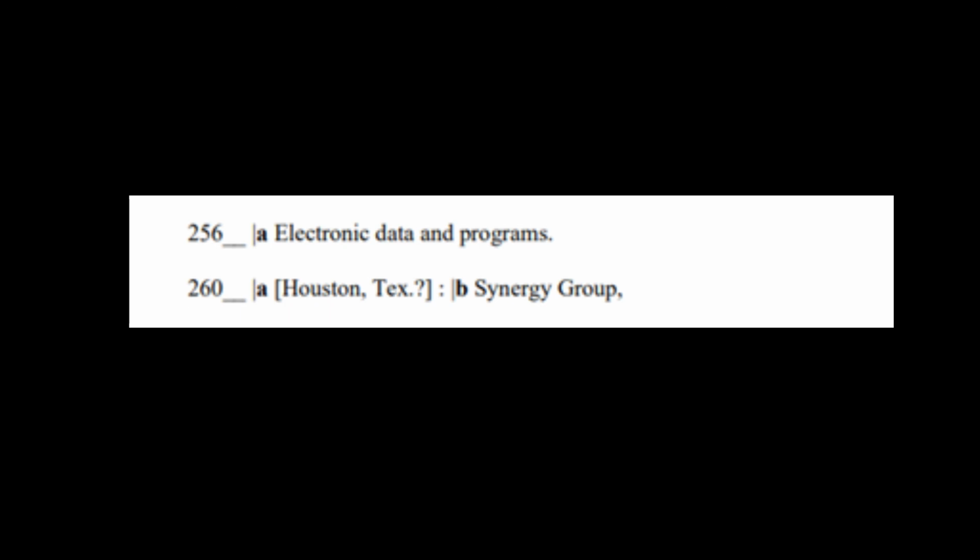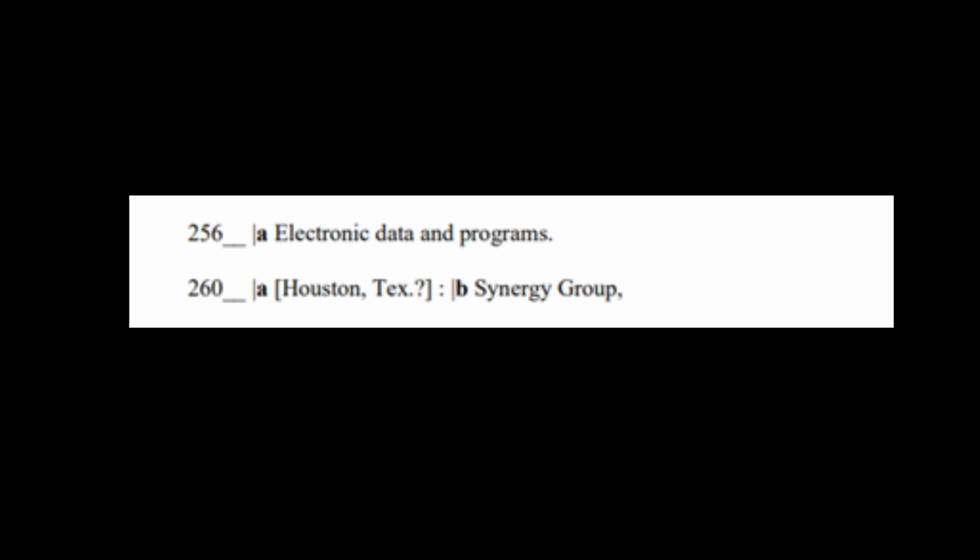So it's only Tex., full stop, then question mark. Why question mark? Because there is no clear indication in the item you are cataloging or processing that this material is being published in Houston, Texas. But you have found information that there is a place, but no indication that it is the place of publication.